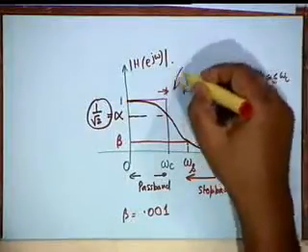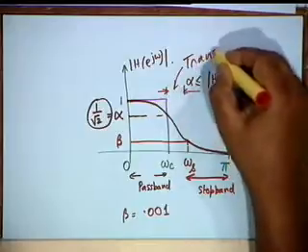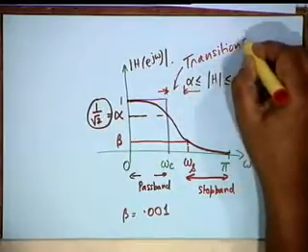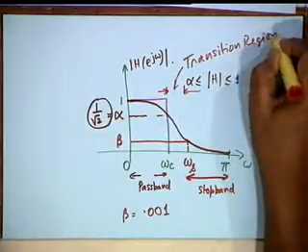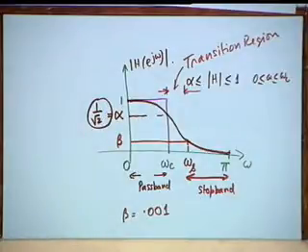Nature abhors sharp transitions. So, you must allow a region, and this region is called the transition region, transition between pass band and stop band. The narrower the transition region, the better is the filtering.